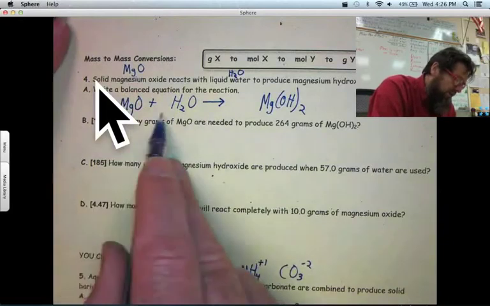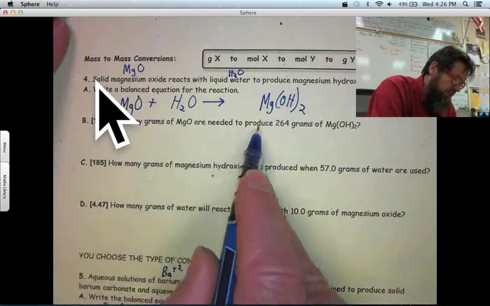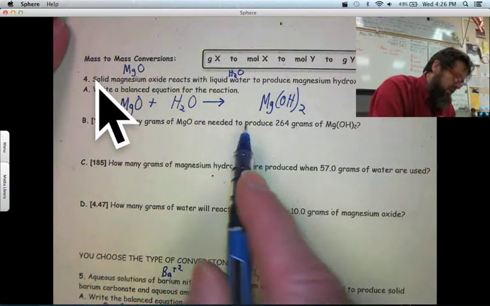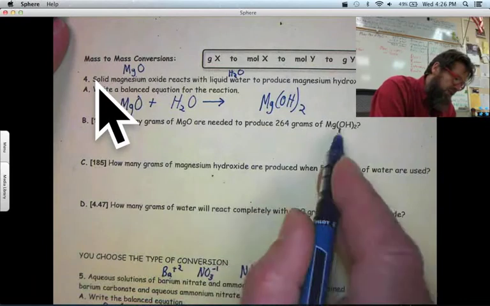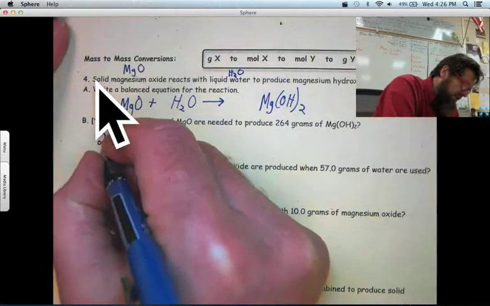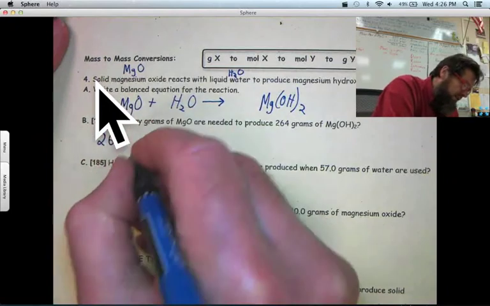Now that we have the balanced equation, how many grams of MgO are needed to produce 264 grams of Mg(OH)2? So our given is 264 grams of Mg(OH)2. Let's write that on the left.